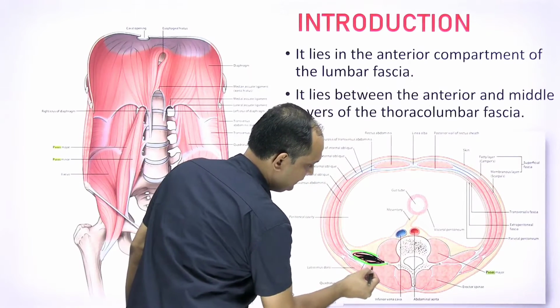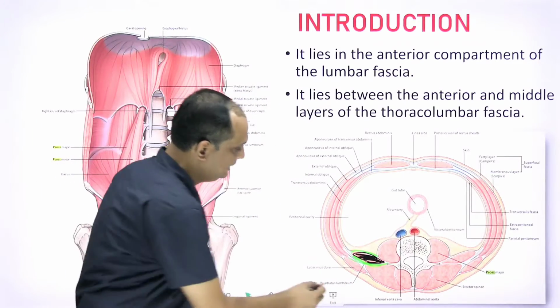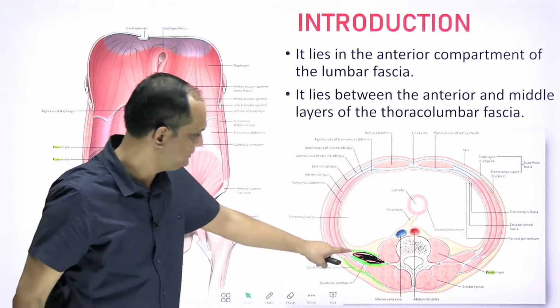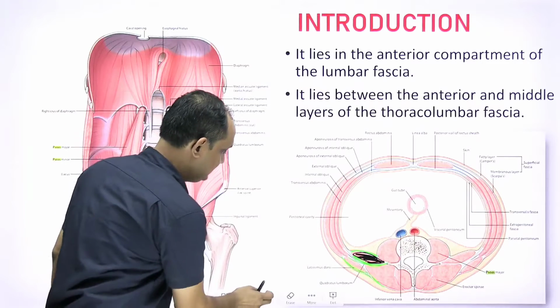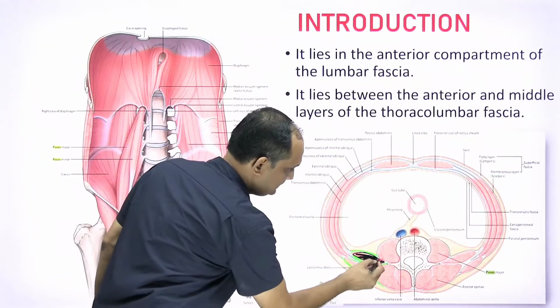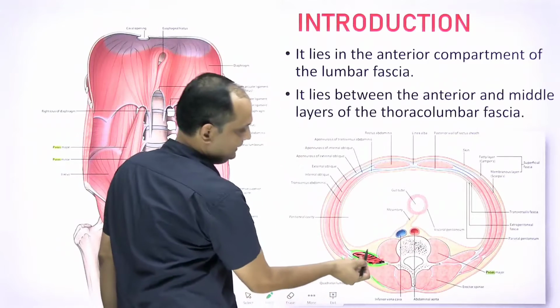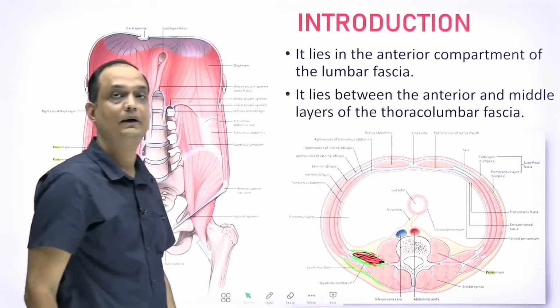The fascia has three layers. Clear? The anterior and middle layers form a compartment, known as the anterior compartment, which is present between the anterior layer and middle layer of the thoracolumbar fascia.